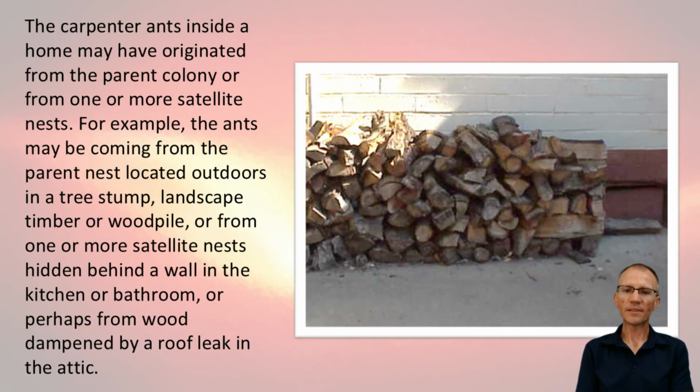The carpenter ants inside a home may have originated from the parent colony or from one or more satellite nests. For example, the ants may be coming from the parent nest located outdoors in a tree stump, landscape timber, or woodpile, or from one or more satellite nests hidden behind a wall in the kitchen or bathroom, or perhaps from wood dampened by a roof leak in the attic.